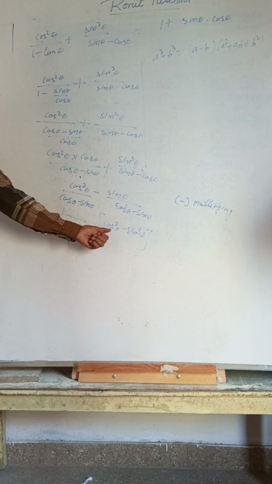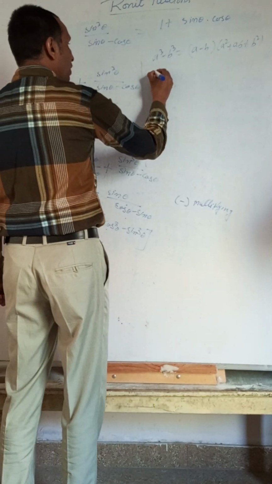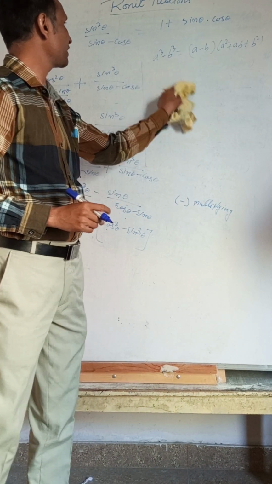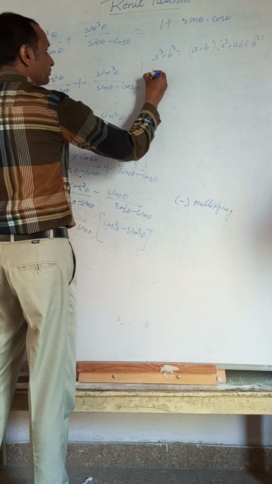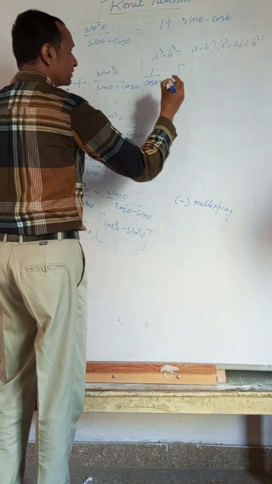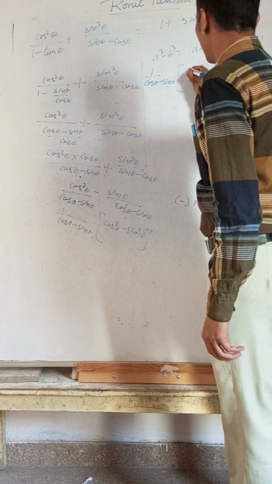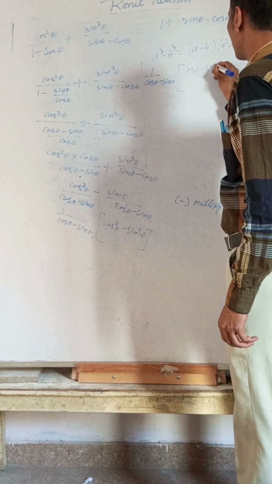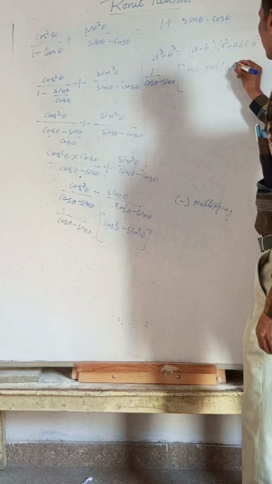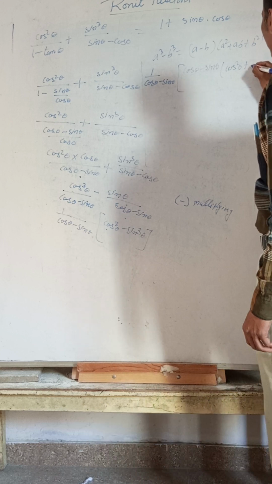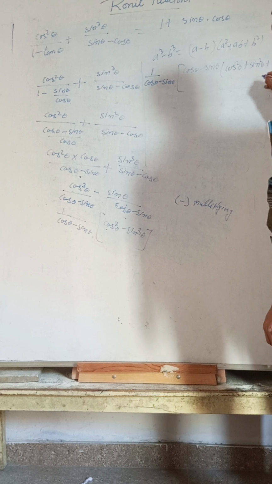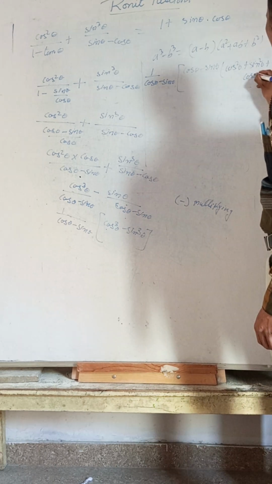So in that, a is equal to cos theta and b is equal to sin theta. So writing 1 by cos theta minus sin theta into bracket a minus b, cos theta minus sin theta, into a square cos square theta plus b square sin square theta plus ab, cos theta into sin theta.